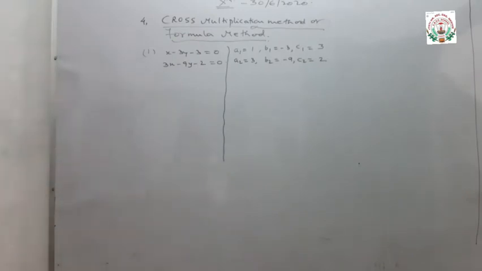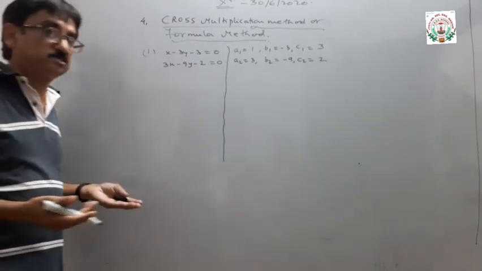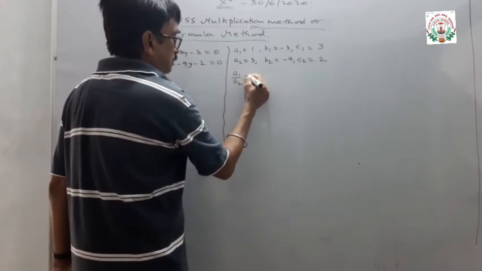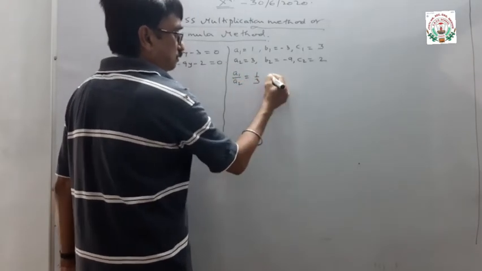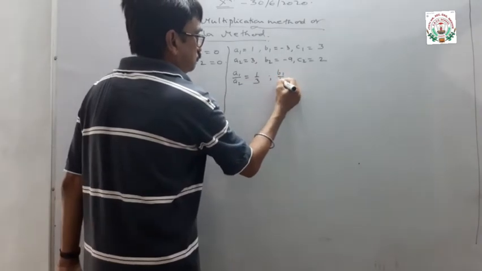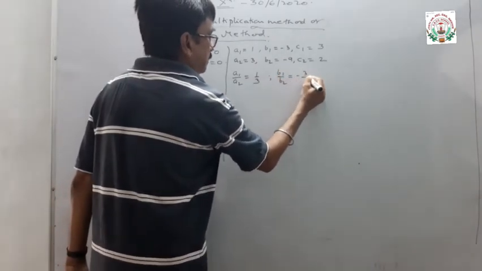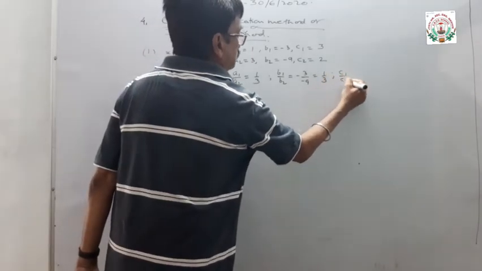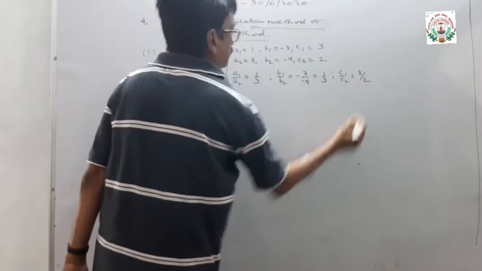After getting all the coefficients of both equations, we have to find their ratios in the standard form. a1 by a2 is 1 by 3, b1 by b2 is minus 3 by minus 9, that is 1 by 3, and c1 by c2 is equal to 3 by 2.